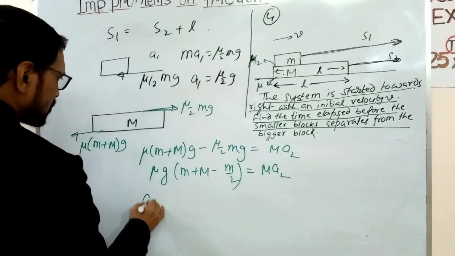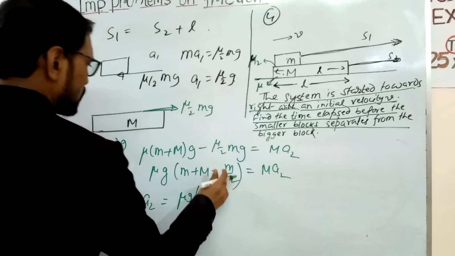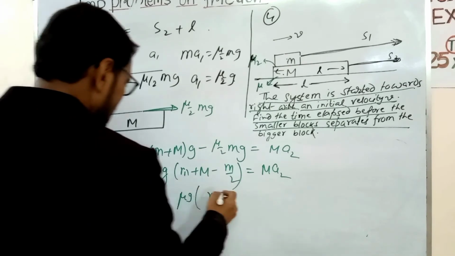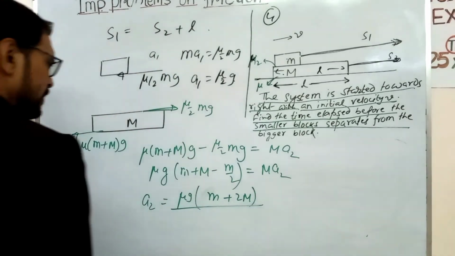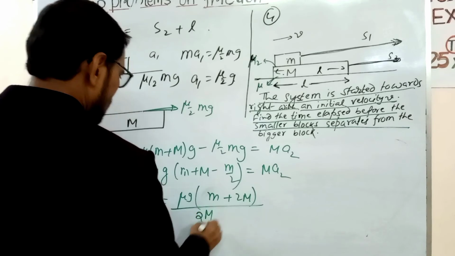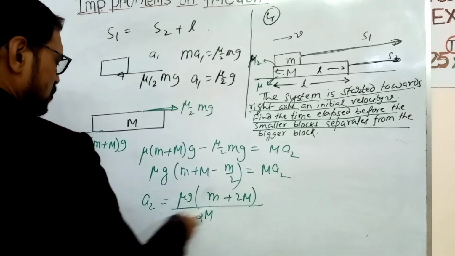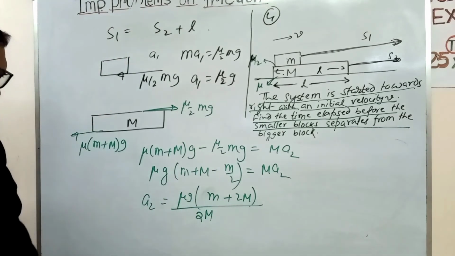So a2 equals mu g (2M plus 2m minus m) divided by 2M, that is mu g (2M plus m) by 2M. This is the acceleration a2.